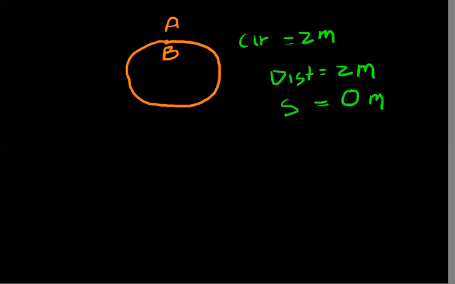Remember, the starting point and the ending point are exactly the same, so there is no length between A and B. So the displacement is equal to 0, which again proves our point that distance will never be equal to 0, but displacement can be 0. In short, if a body is moving, displacement can be 0, but distance cannot be 0. If distance is 0, that means the body is at rest.